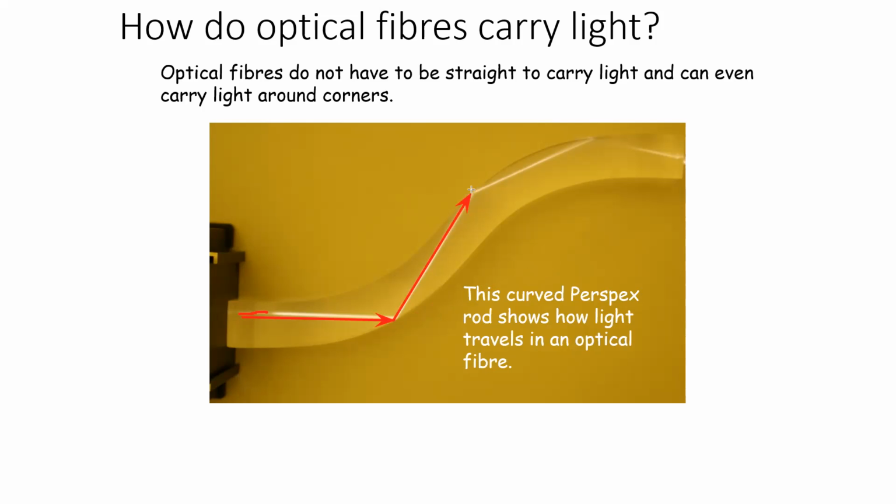Same thing again: it strikes the denser to rarer boundary, so it should go out, but it does not because the angle of incidence is more than the critical angle, so it undergoes total internal reflection.